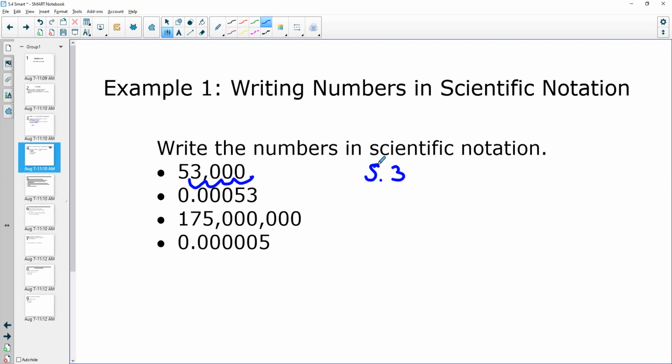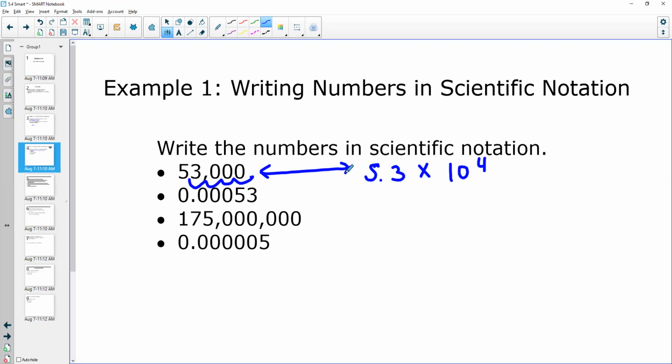So what I have to think about is what I would multiply 5.3 by to make it 53,000. I would multiply it times 10 to the fourth. I would multiply 5.3 times 10,000, which is what 10 to the fourth is, to make it 53,000. Try that in your calculator. 5.3 times 10,000 gets you 53,000. These are equivalent representations of the same number.